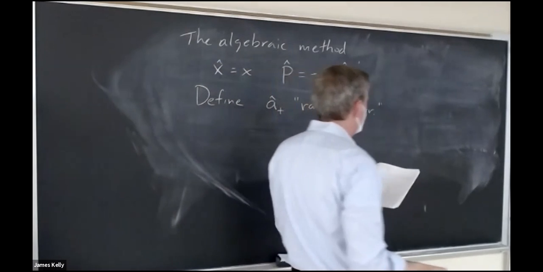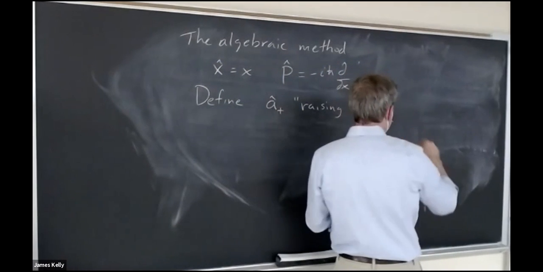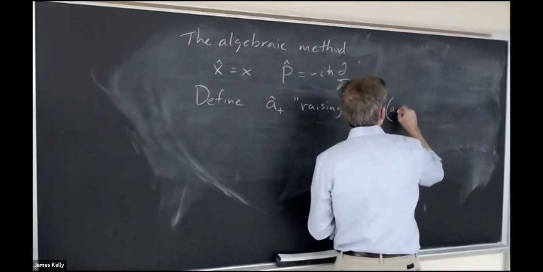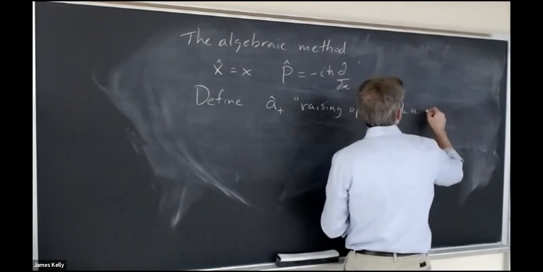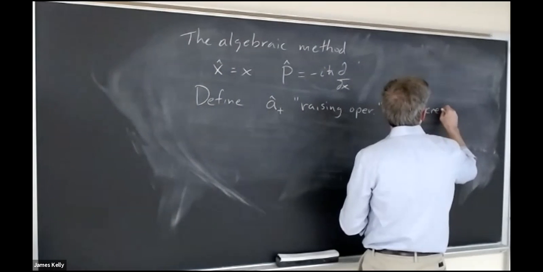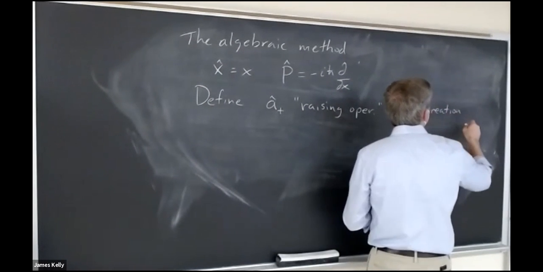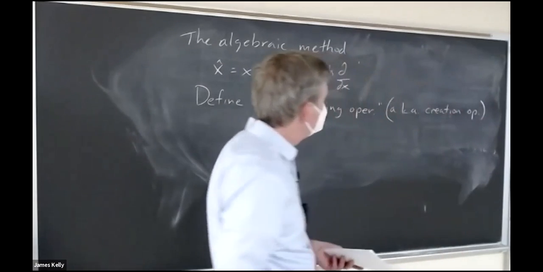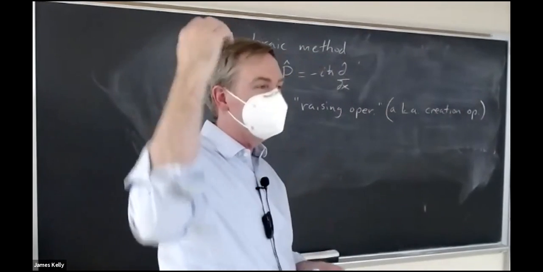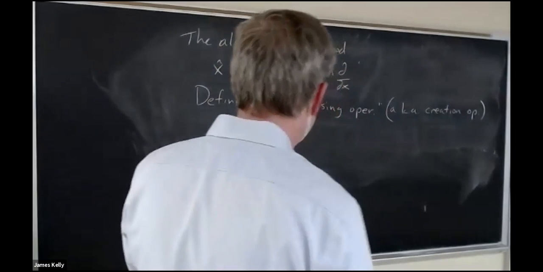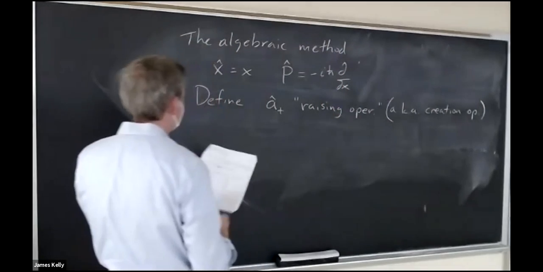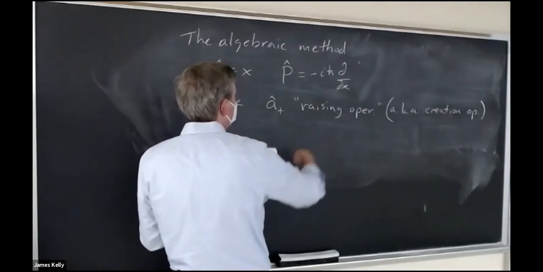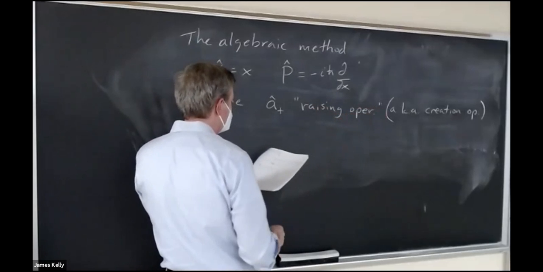Sometimes in other books, just so you've seen it before, it's also known as the creation operator. Because it's going to move energy up, so it sort of creates quanta of energy, but don't think of it as too spooky or anything. It's just somehow it's going to raise the energy up or create new energy.